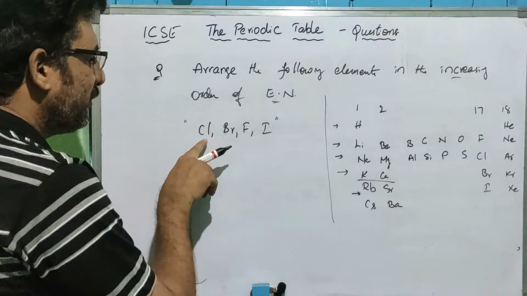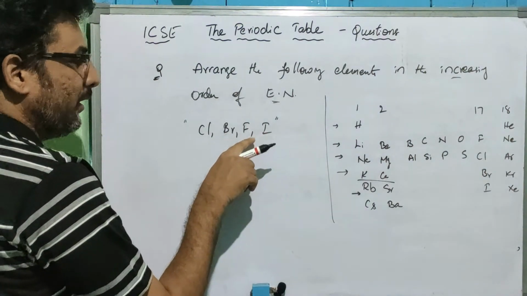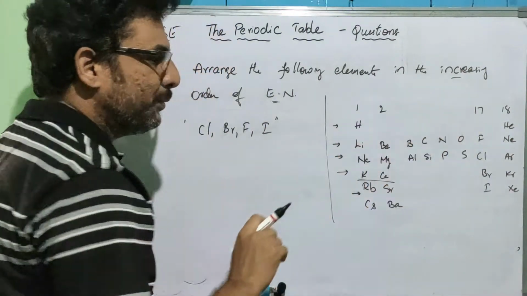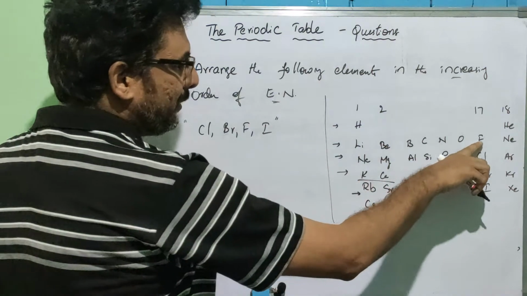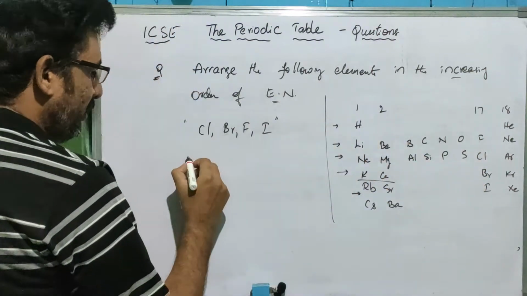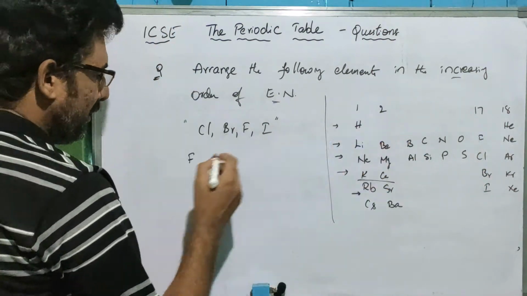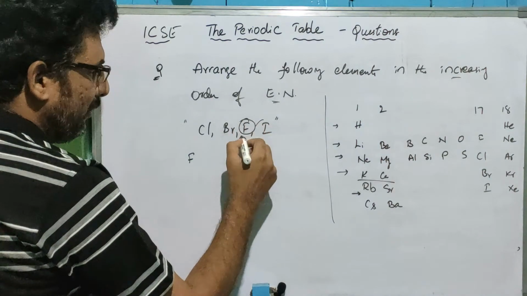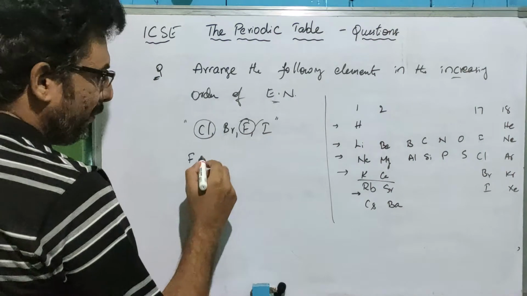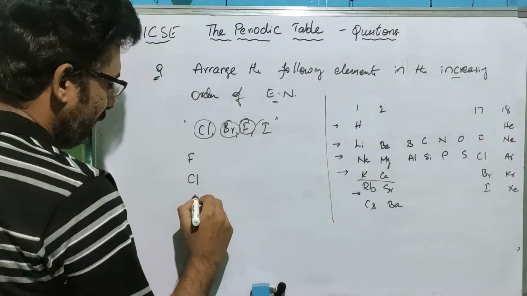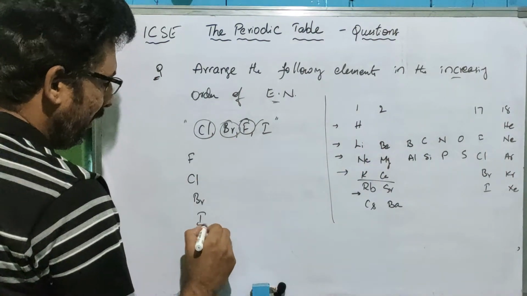So if you see here chlorine, bromine, fluorine, iodine, they all belong to group 17. So let's write these 4 elements as per the order in the group 17. So in group 17 first comes fluorine, then chlorine, after that bromine and it will be iodine.